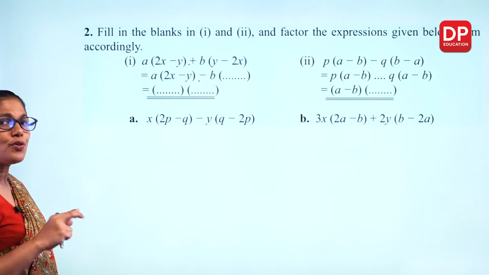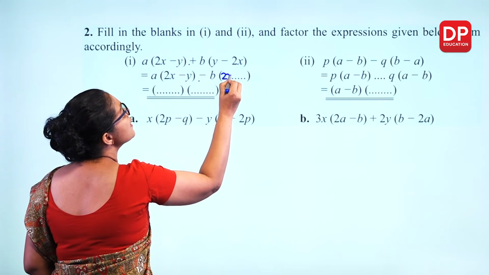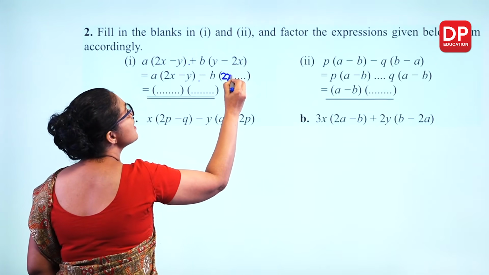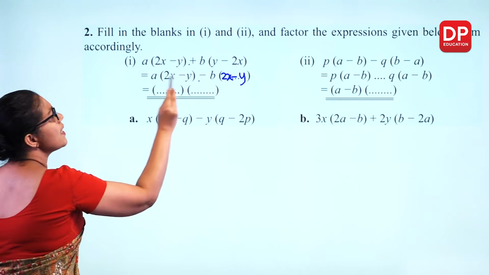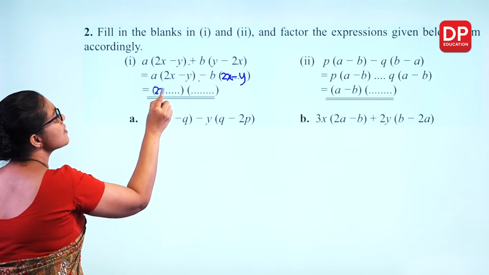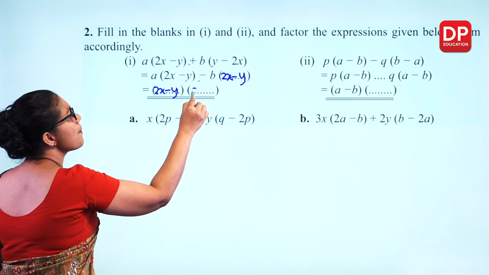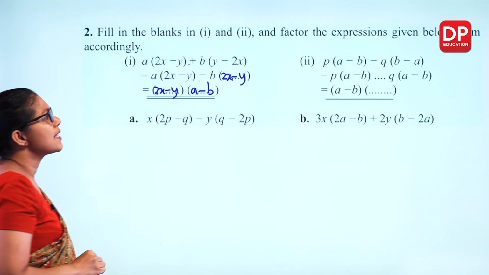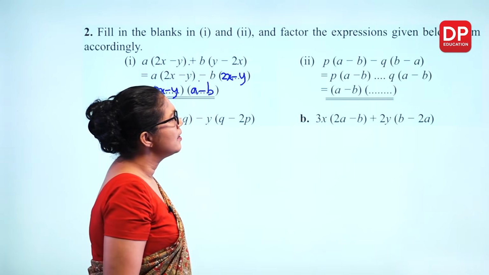That means you need to switch the 2 numbers. So 2x comes first and y second. Now we can see 2x minus y is common. Take it out. What is remaining? A minus b.